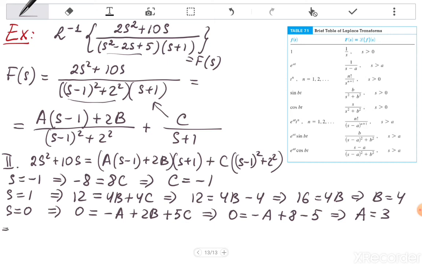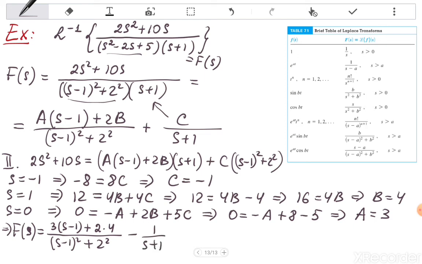So now f of s is a is 3, so 3(s minus 1), and b is 4, so plus 2 times 4 over (s minus 1) squared plus 2 squared, plus, it's c is minus 1, so it's minus 1 over s plus 1.